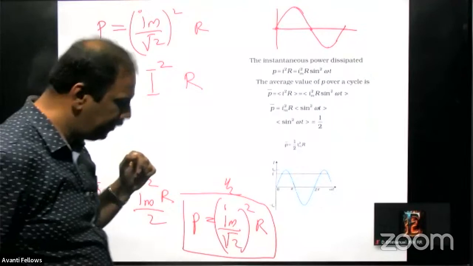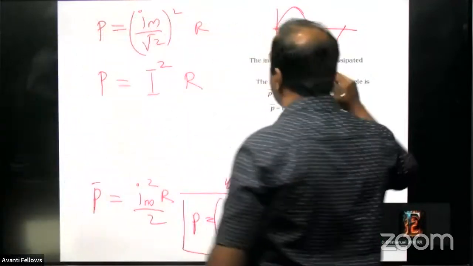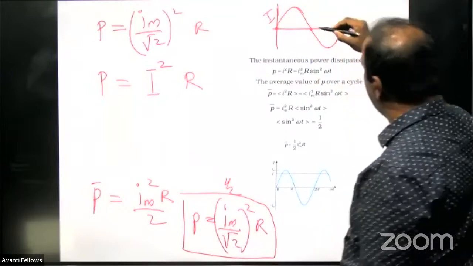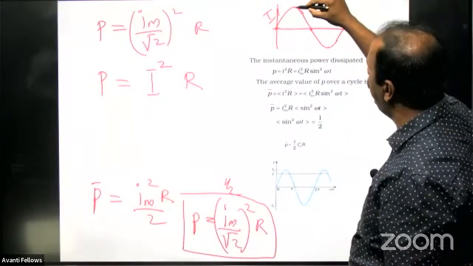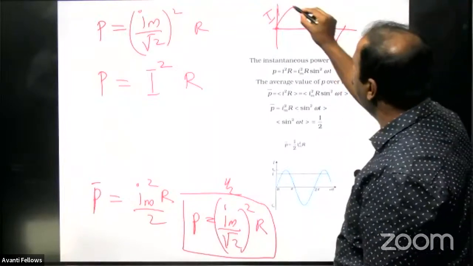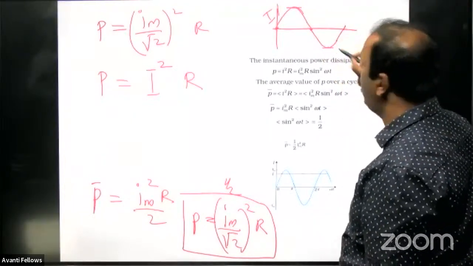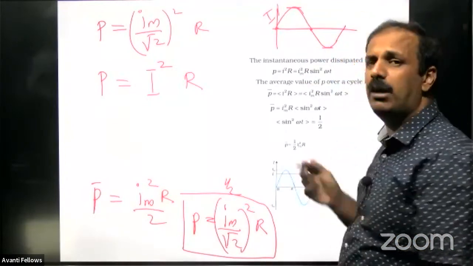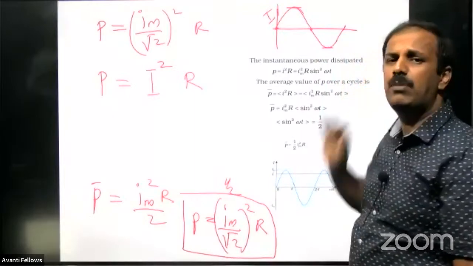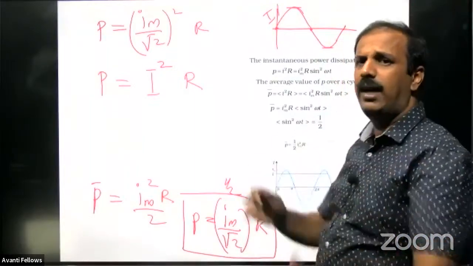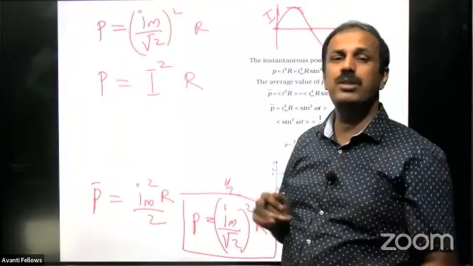Now you see here, if you take this as current I, this current goes to maximum here and it is coming. So when you take the average power, do we take the current as this one and this one, or if you take the average current, what happens? This positive side and negative side will cancel, and the average will become 0. For the full cycle, it will become 0. But you know this AC also is doing work, so the average is not 0.